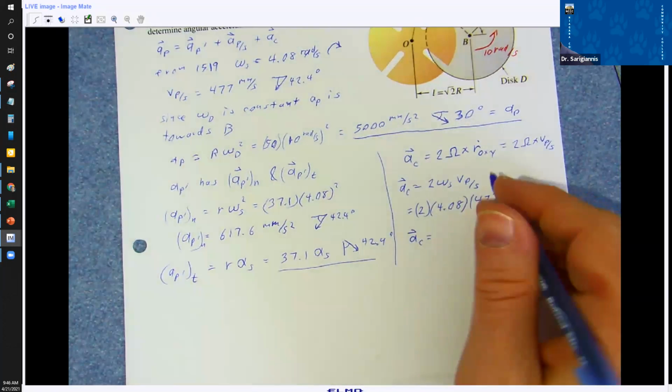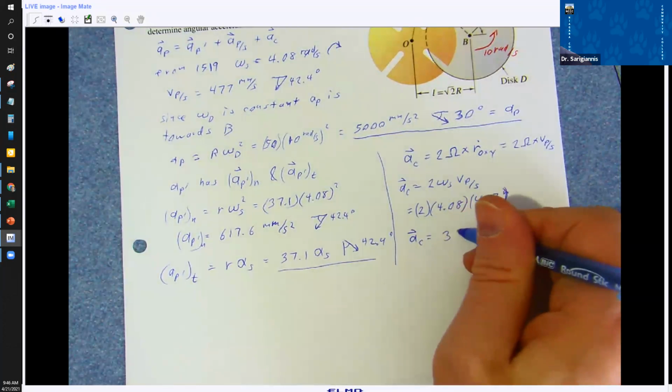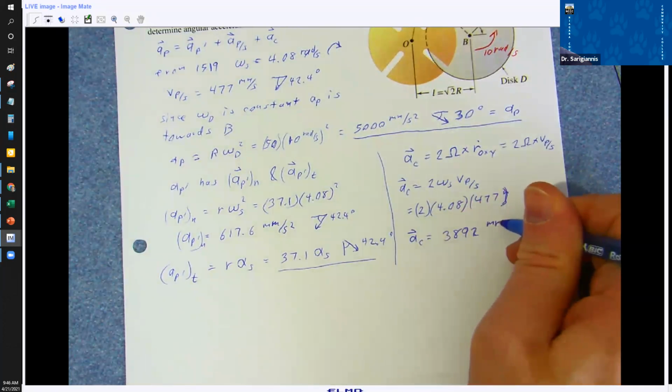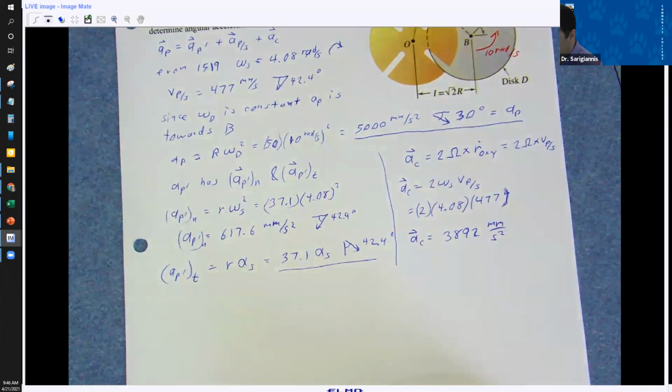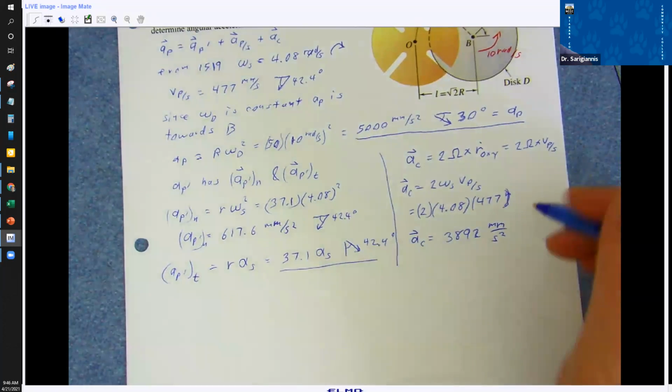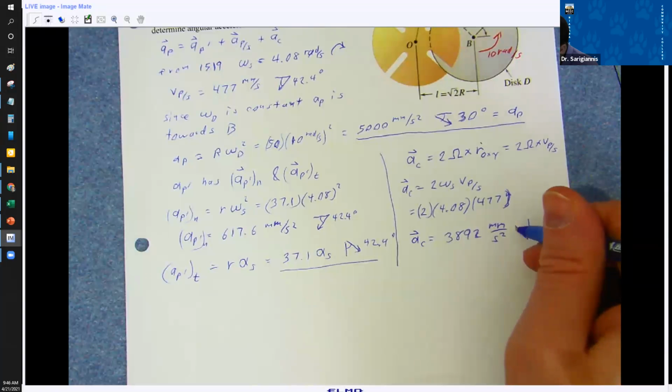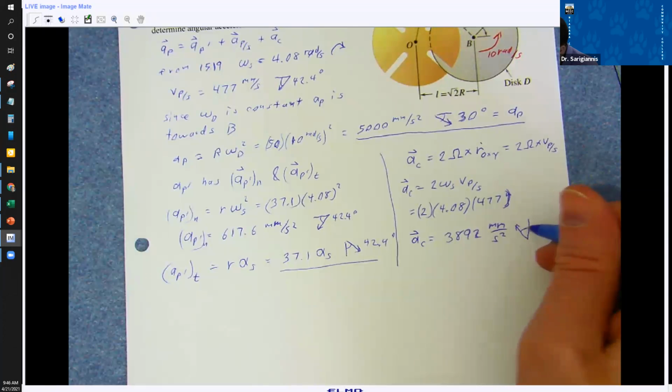So the Coriolis acceleration is 3892 millimeters per second squared. And this is up in the 42.4 direction off the vertical like this.